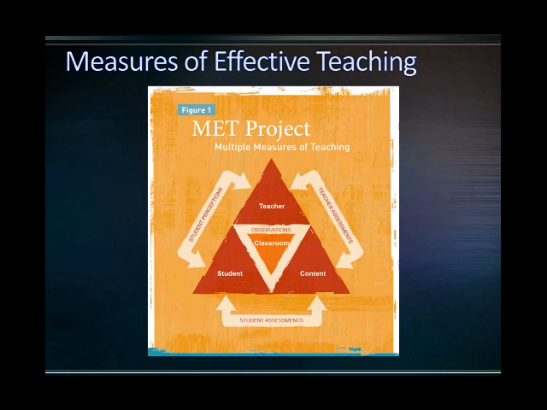I've started to reference and use a lot the MET project. The third year of it was just finished by the Bill and Melinda Gates Foundation, and it's about measures of effective teaching. It's mostly focused at secondary and talks a lot about how you ensure that there's effective teaching going on in the classroom.